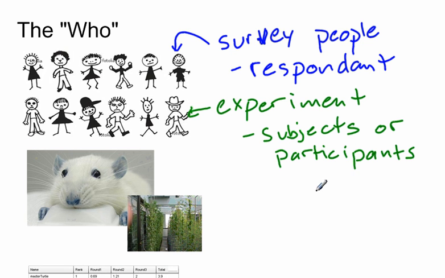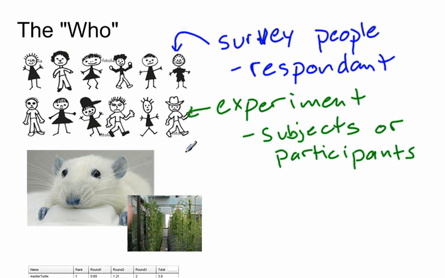Once again, that makes sense, especially with participants, because they are participating in an experiment. Okay? And they've made that choice most of the time, and they're being experimented on. So with the survey of people, they are called respondents. In an experiment on people, they're called subjects or participants.